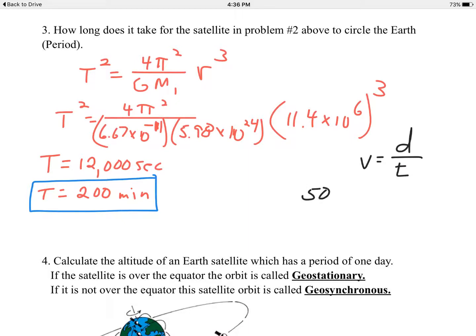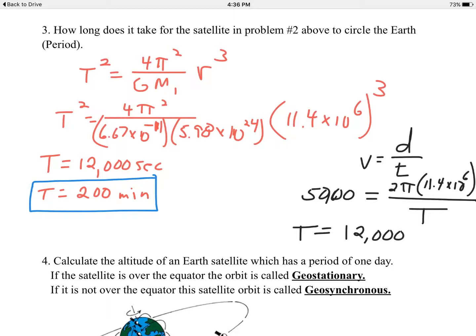That equals d, which would be 2 pi times r, its radial orbit. 2 pi r would be one time around, one circumference, with r being the 11.4 times 10 to the 6th, over the time it takes to go one time around. So the 5,900 meters per second equals 2 pi r over t. If you do the calculation there, you once again end up with t equals 12,000 seconds. Same answer either way.